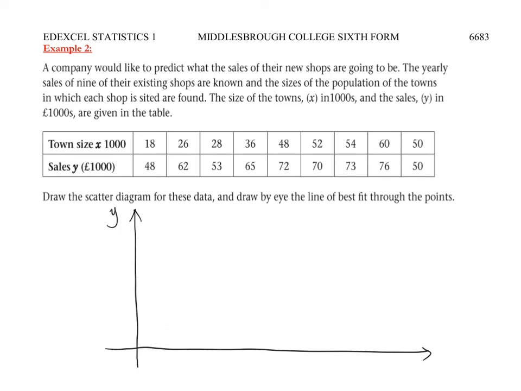So we've got Y on here, and this is the town size. And we've got X on here, which are the sales. So we're not going to start at 0, we'll start at 10 for the sales and 40, so on. So we need to go up to 80, so 50, 60, 70, 80.